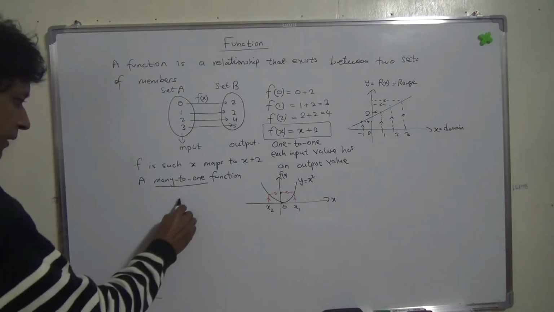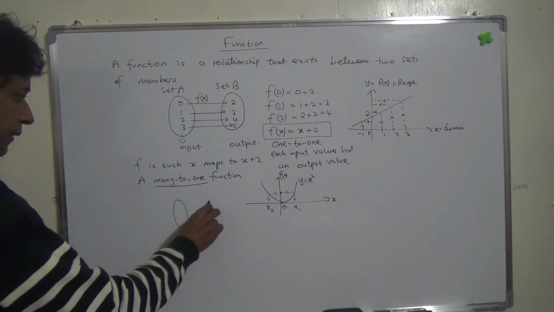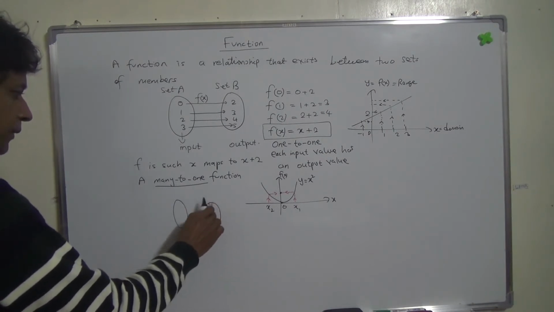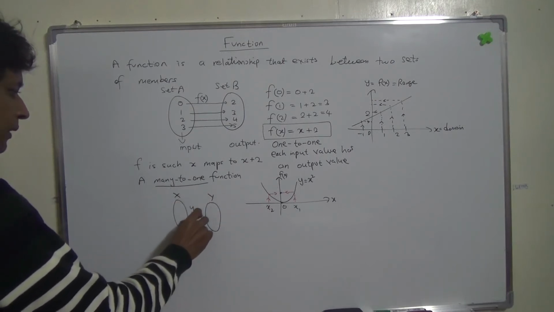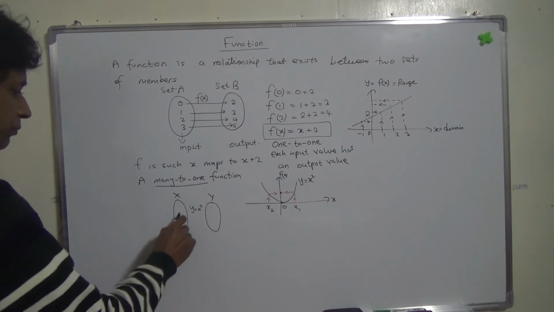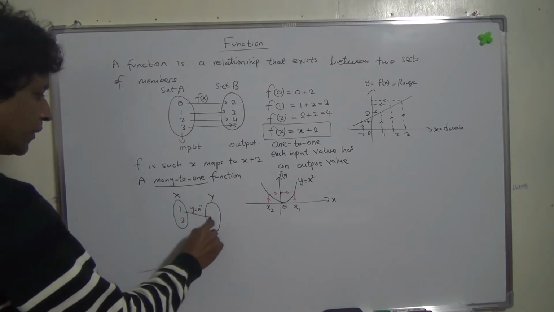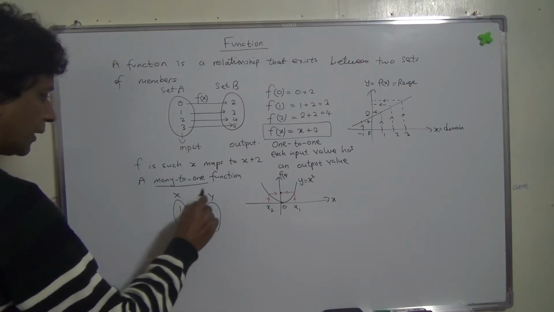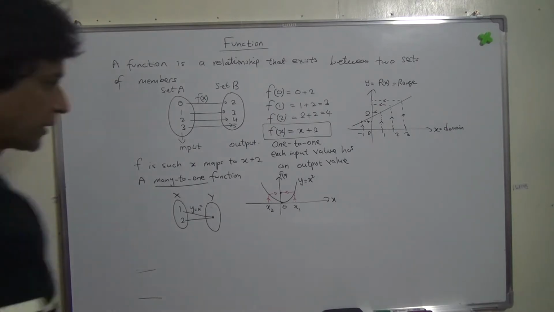If you were to illustrate it with sets, you can have set x and then set y, and y is equal to x squared. So you can have, for example, 1 and 2, and both of these give one value of y. So this is basically what a function is all about. And we've seen that a one-to-one function has these characteristics and features.